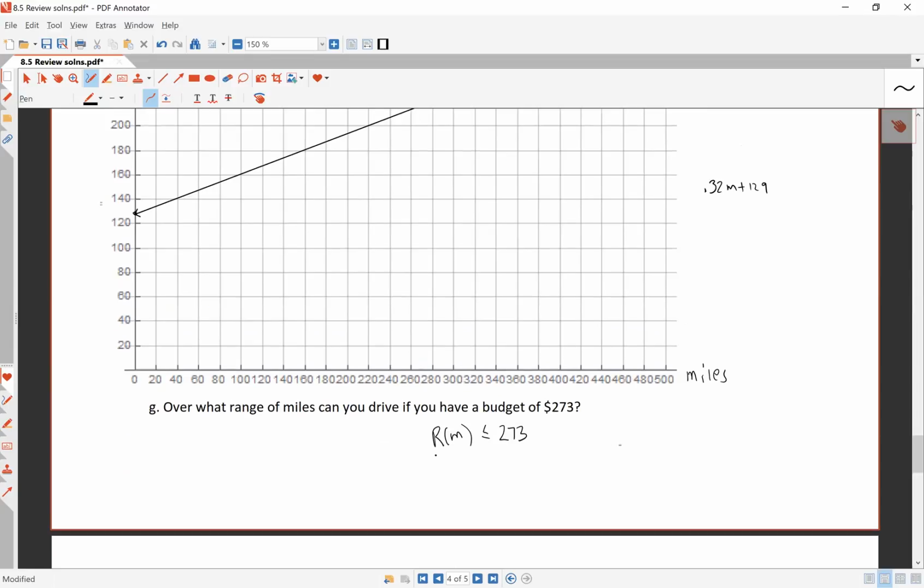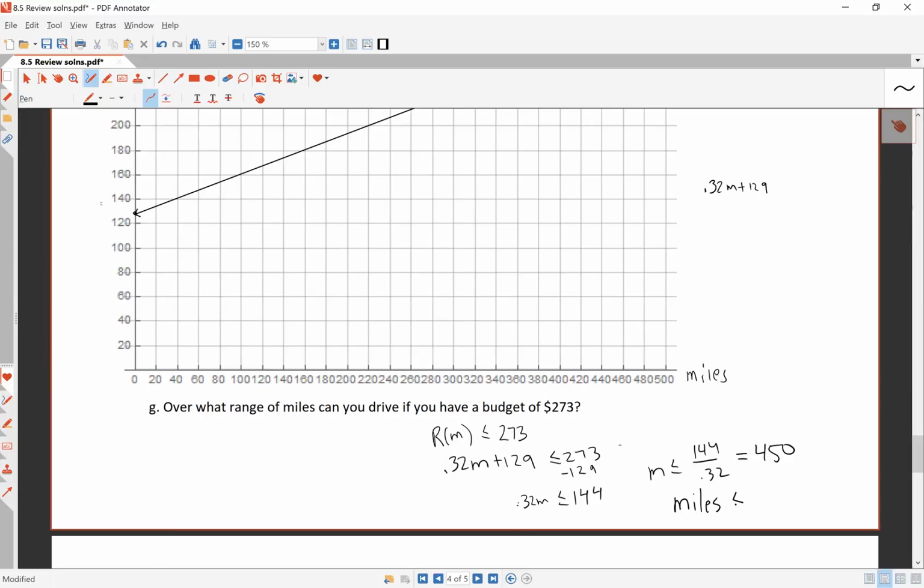So we solve 0.32 M plus 129 is less than or equal to 273. 273 minus 129 is 144. 0.32 M. So M is less than or equal to 144 divided by 0.32, which gives you 450.